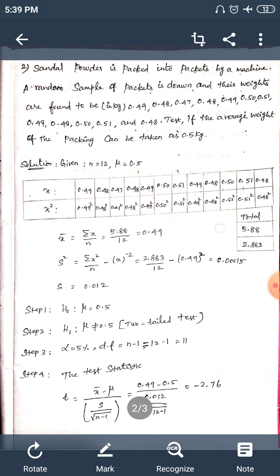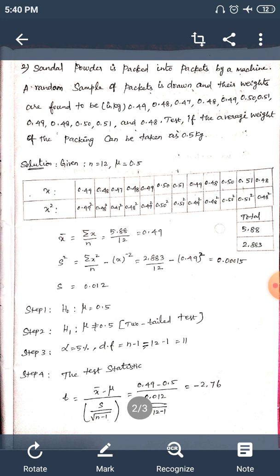The problem asks to test if the average weight of the packing is 0.5 kg or not. Since the sample size is 12, less than 30, we choose the t-test for a single mean.